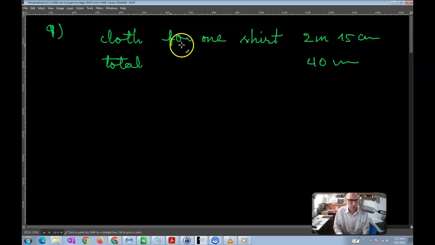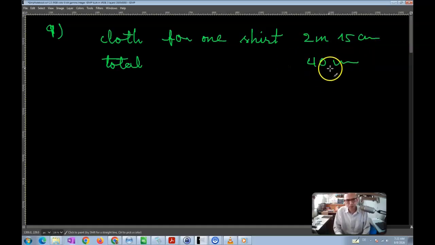So the amount of cloth for one shirt is 2 meters 15 centimeters, and the total amount of cloth that we have is 40 meters. We want to know how many shirts we can stitch out of 40 meters of cloth, given that one shirt needs 2 meters 15 centimeters of cloth.